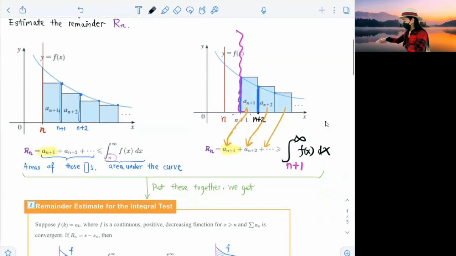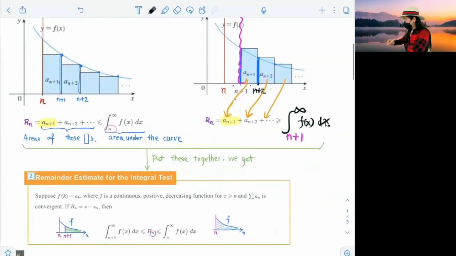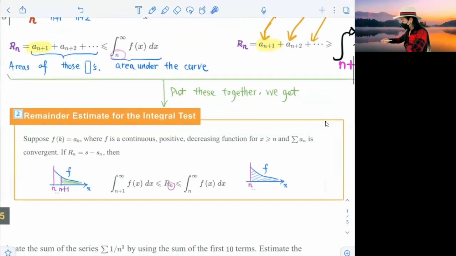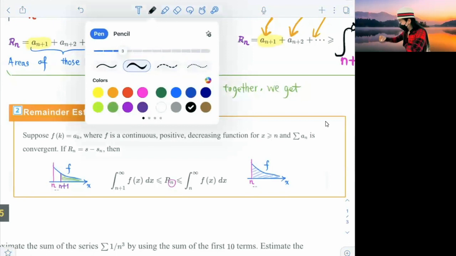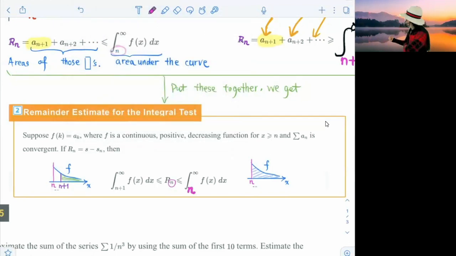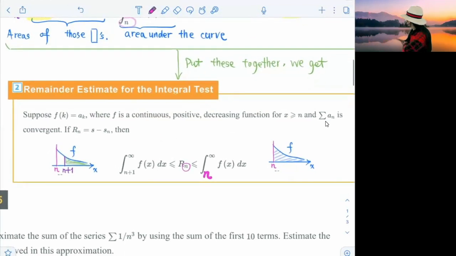Now, we actually found what happened to the R_n. We put them together. R_n is actually less than or equal to this integral, but greater than or equal to this integral, right? So we see that R_n is less than or equal to this integral here, the lower limit here is n, but then greater than or equal to this integral, the lower limit here is n plus 1.